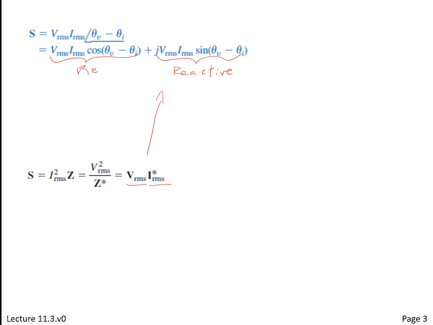So let's stretch it out a bit here then. We're going to define the apparent power in terms of, the reason it's written out this way, because we want to define it this way. Here's Z being spread out, right? Z is actually a real part and an imaginary part. And this leads to real power and reactive power.